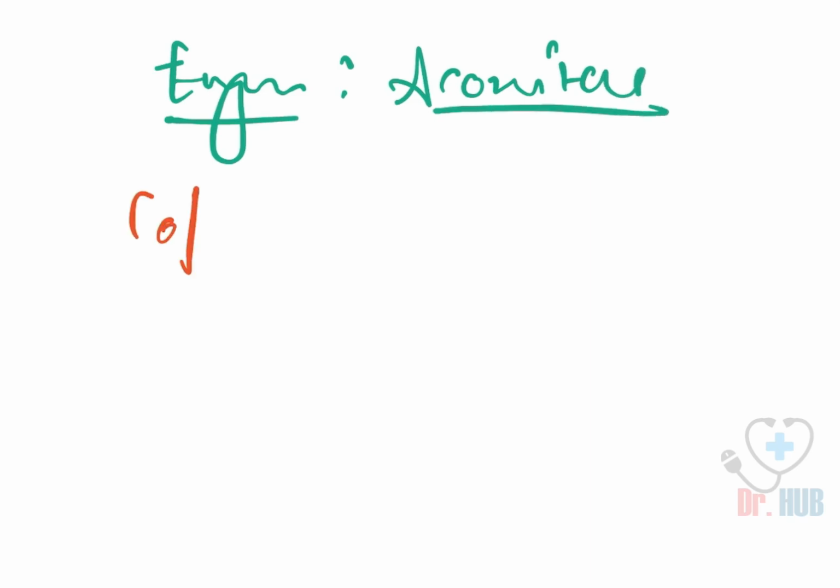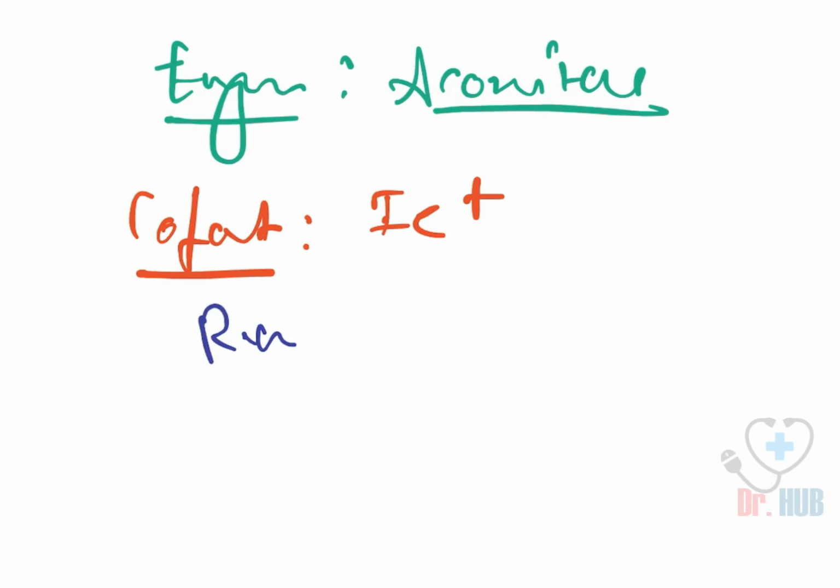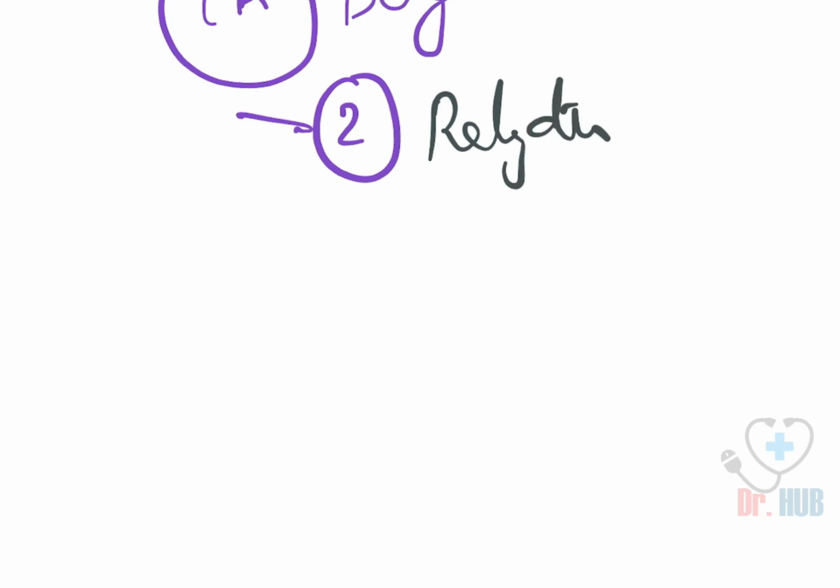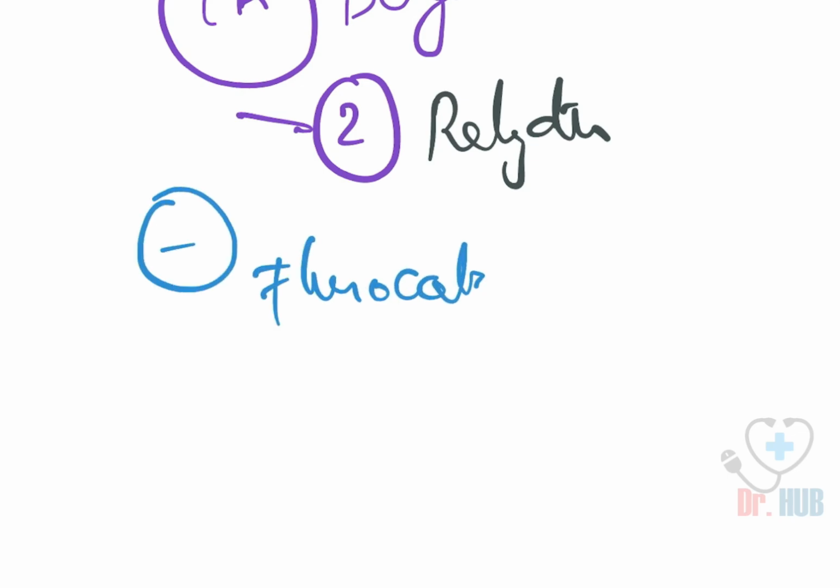The cofactor is iron. The reaction occurs in 2 steps. The first step is the dehydration, and the second step is the rehydration. How is it inhibited? It is inhibited by fluoroacetate, which is non-competitive.